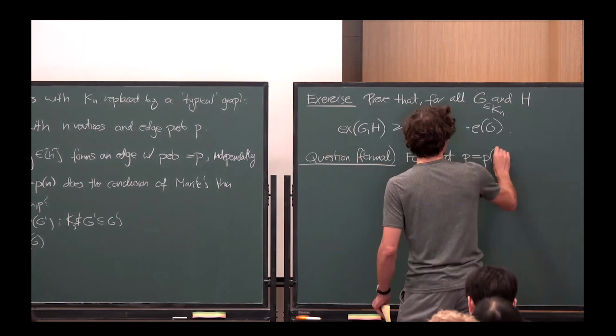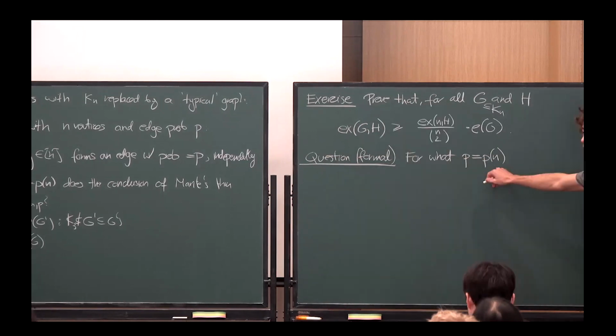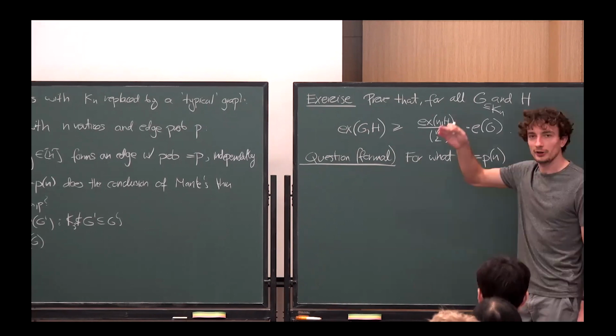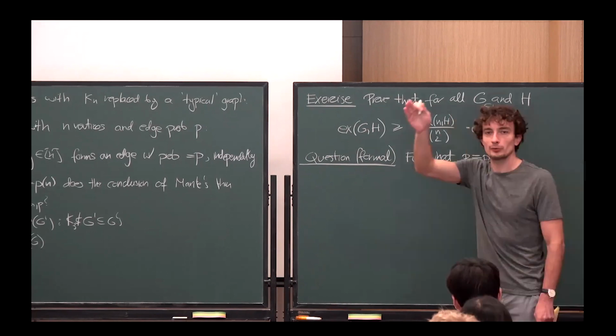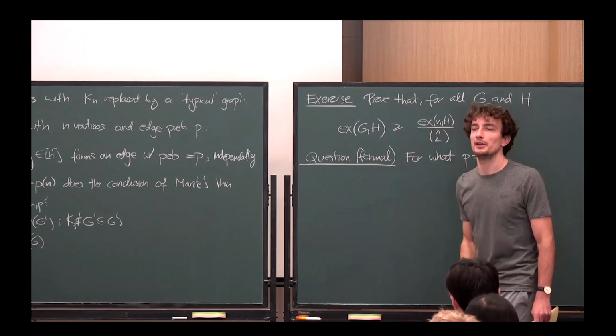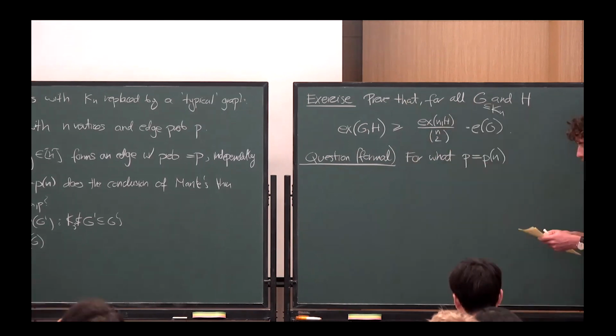where it is important that we allow p to be a function of n, so the edge probability can depend on the number of vertices, and we usually think that it will decrease to 0 as n tends to infinity. This leads to more interesting questions.